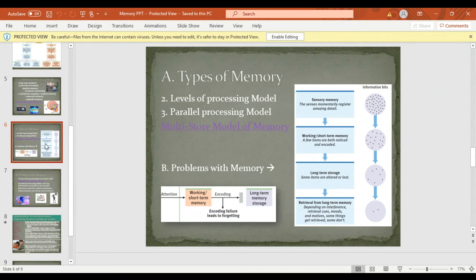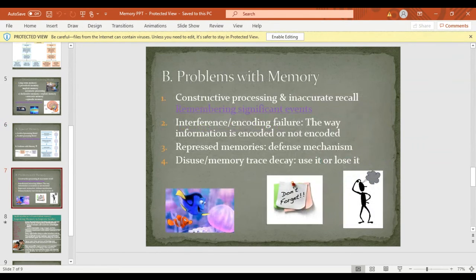So it depends upon how often you retrieve this material, and also how aware you are of your feelings during that time, and it can leave a mark on that memory. So even if we try to say that our memories hold the same merit as our years go by, it actually doesn't, because it changes depending upon how we remember the situation. So there are some problems with memory.